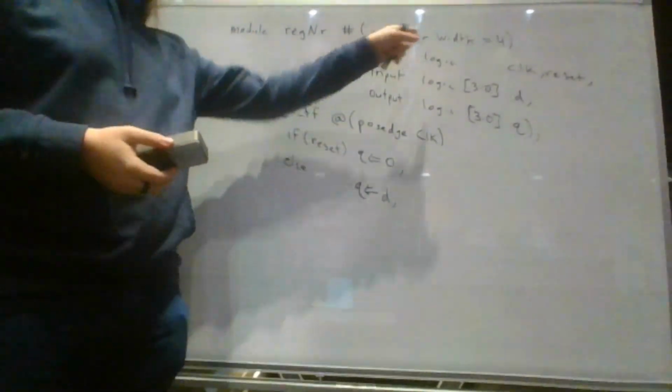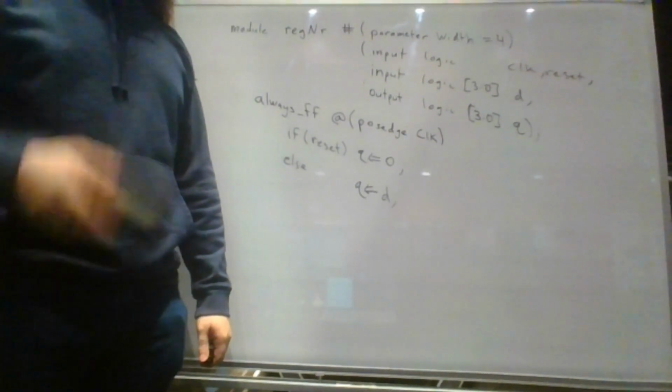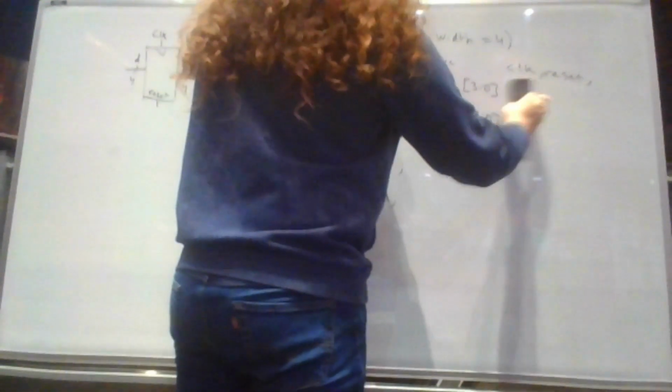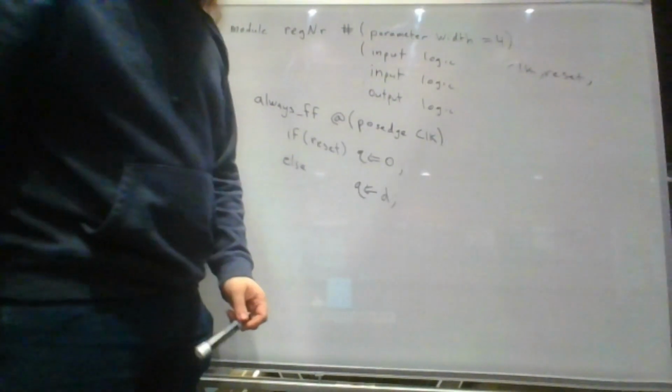Okay, so that's the easy part. Now, what do I change in the code to account for this parameter? Our bit width for inputs and outputs. Yeah, we changed the bit widths for D and Q. Specifically, what do we replace them with? So minus 1.